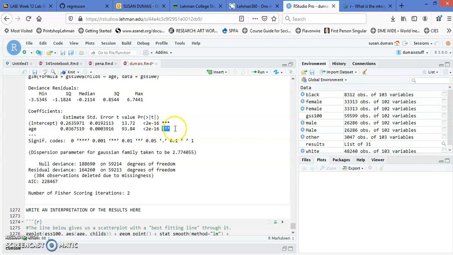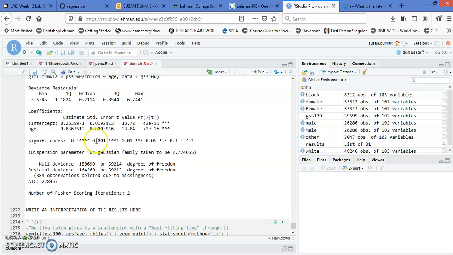And so 3 stars correspond to a level of significance of very small. Basically, they're saying 0, less than 0.001.